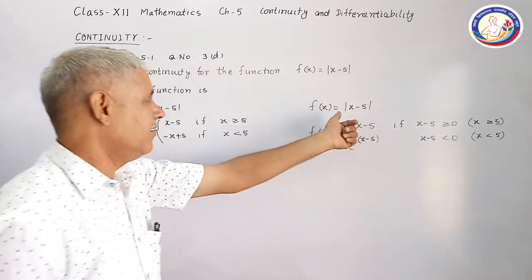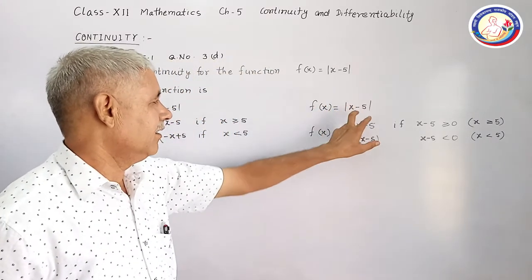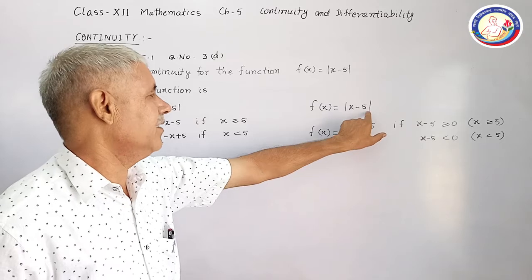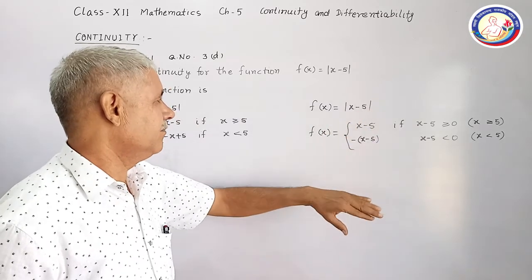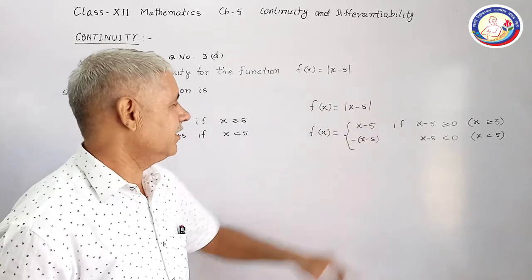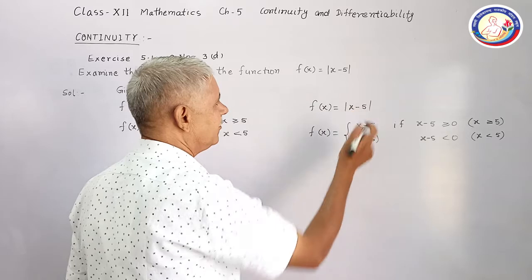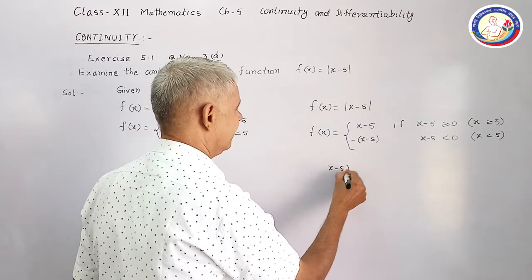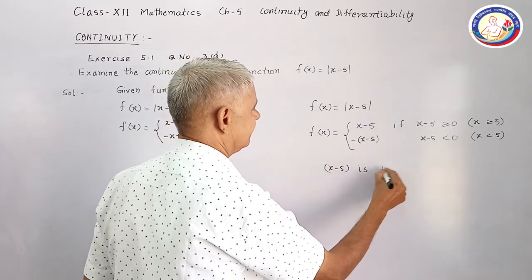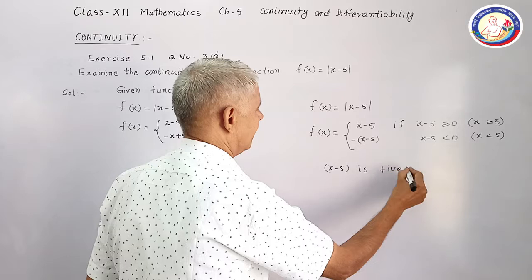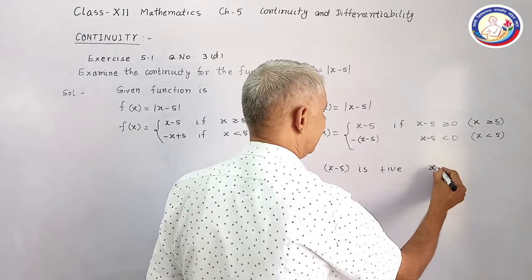Is it clear? Now I am explaining it again. It is the absolute value of x minus 5. This is determined by the condition that if x minus 5 is positive, its value will be x minus 5.